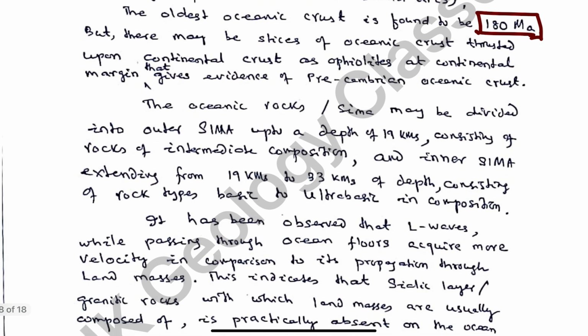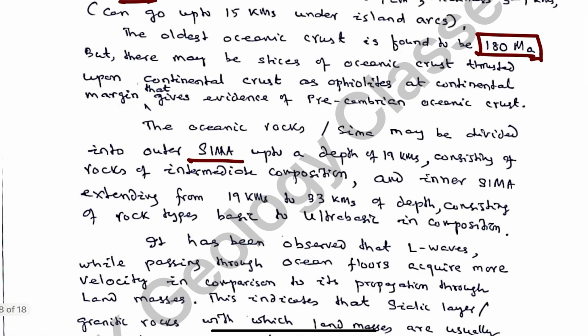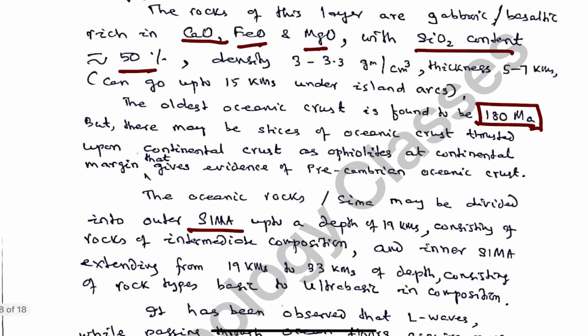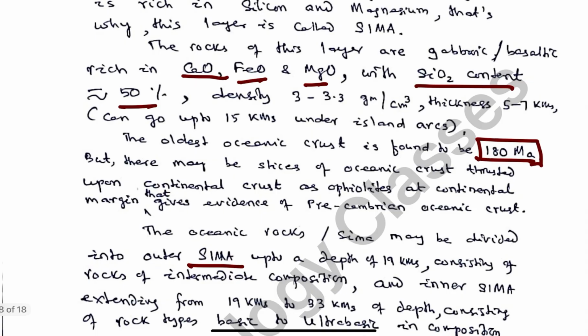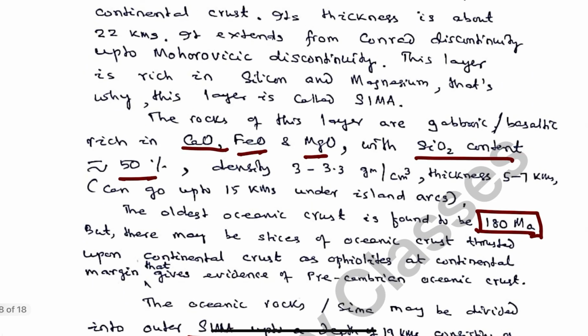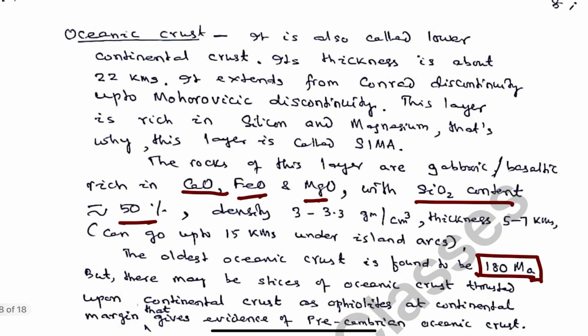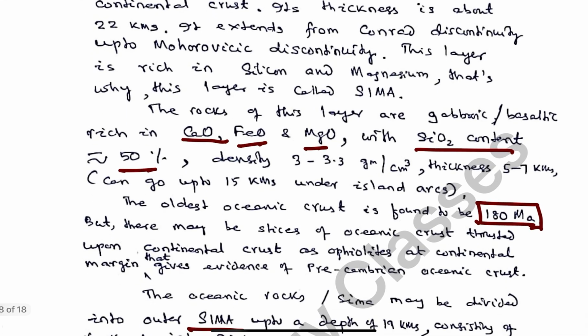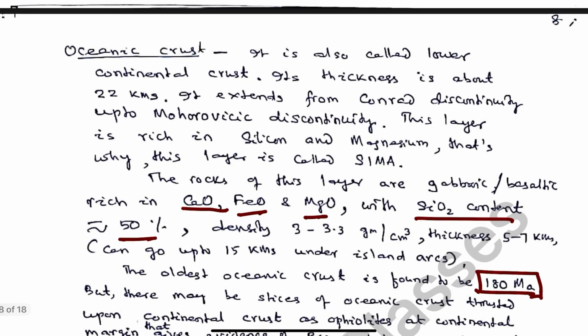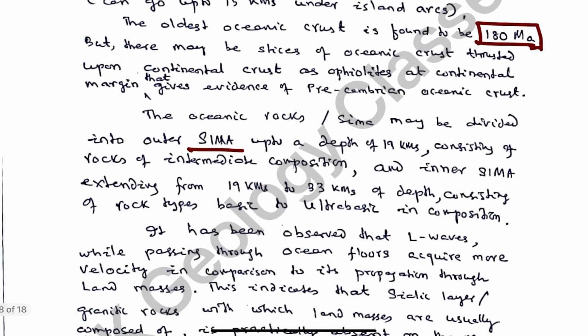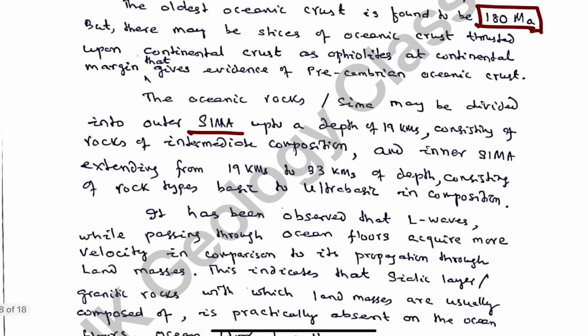And the oceanic crust is made up of sima, silicon magnesium rocks. It is divided into two parts, the upper sima and the lower sima. Actually, in between the continental crust and oceanic crust there is a break which is called a discontinuity, a second order discontinuity at a depth of 11 kilometers, and below it is the sima, silicon and magnesium rocks, divided into two layers.